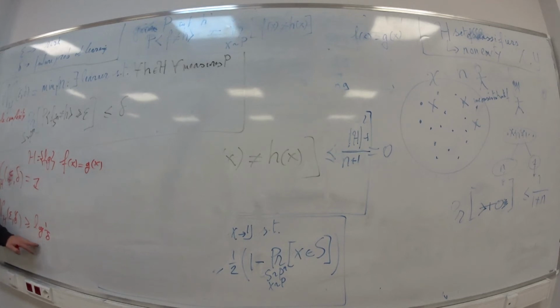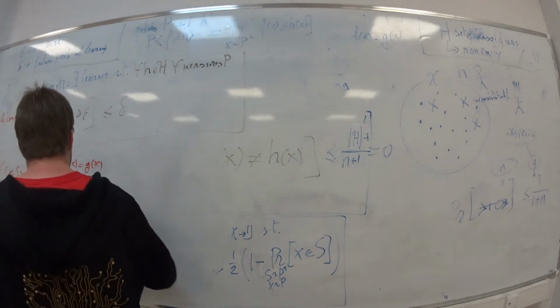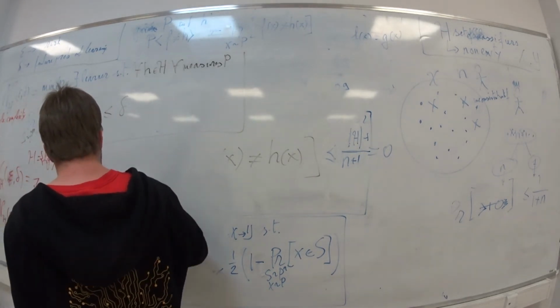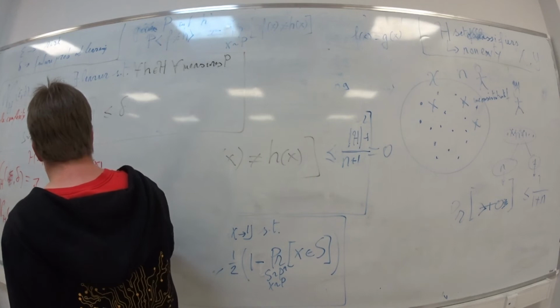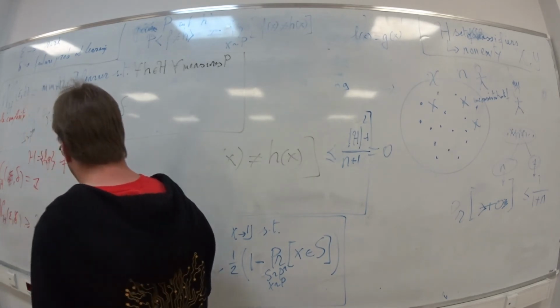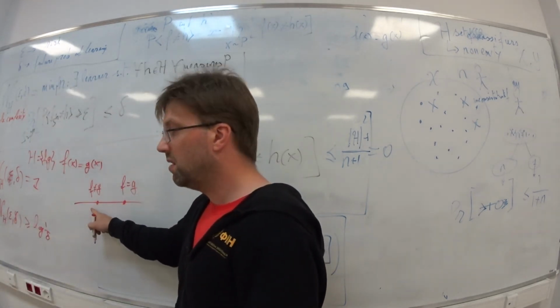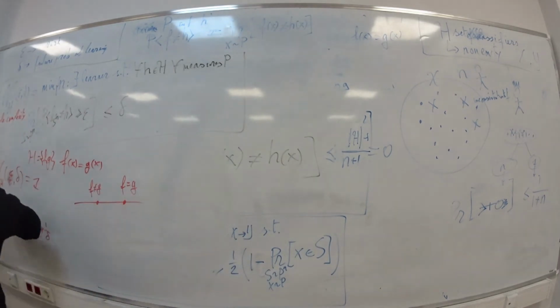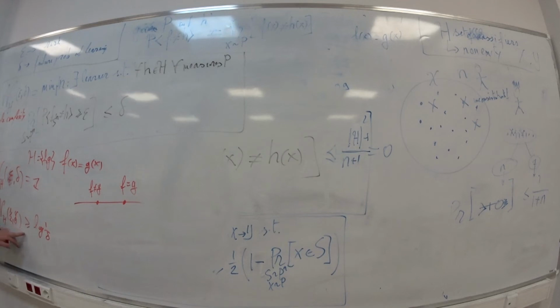And that's the same example I already started discussing. Imagine that we have 2 points. f and g are equal on one point and different on the other point. Then I claim that even if we set epsilon equal to 1/2, the sample complexity is at least log 1 over delta.